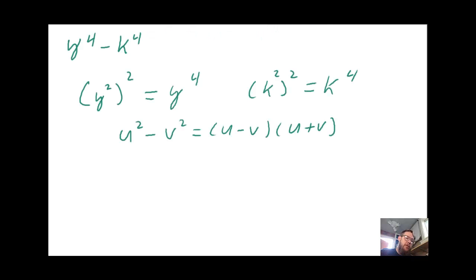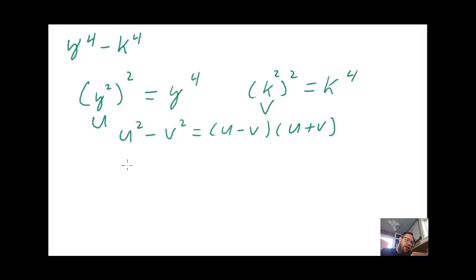So now we can use this difference of squares formula here to factor our polynomial. Instead of writing u here, we're going to write y squared, and instead of writing v, we're going to write k squared. So we're going to substitute these values in.